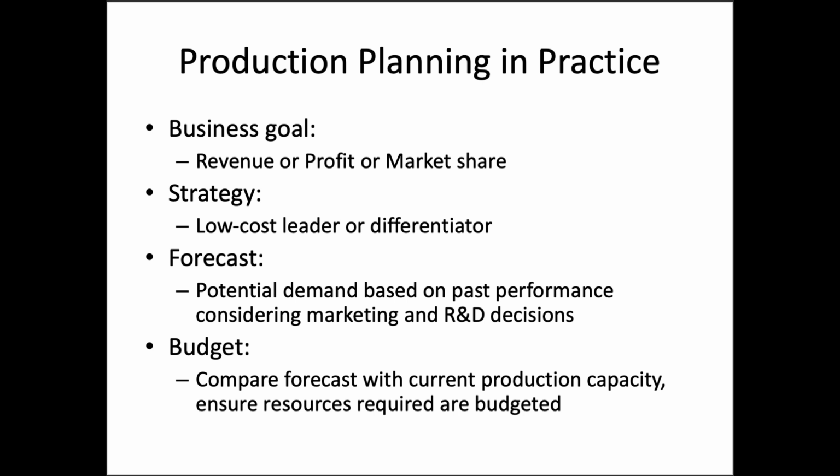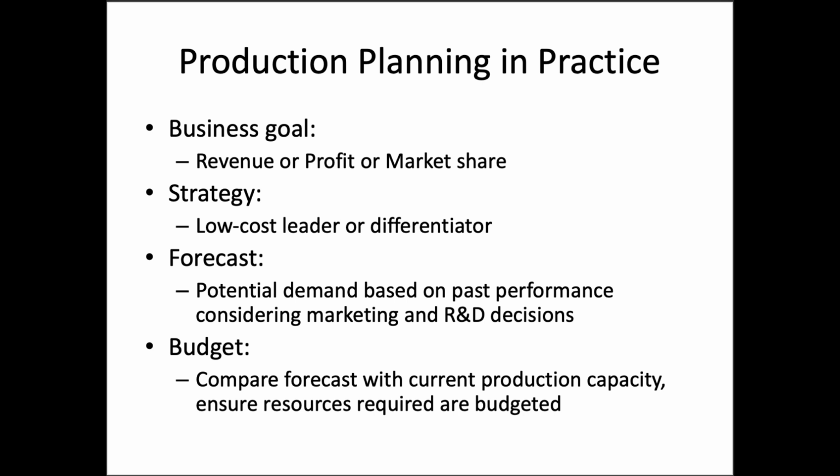The production manager must take the following key steps in planning. Agree on a business goal with the team. Is it revenue, profit, or market share? Agree on a production strategy. Is it low-cost leader or differentiator? Forecast potential demand based on sales trend, competitor activity, and market environment, taking into consideration marketing and quality improvement efforts.